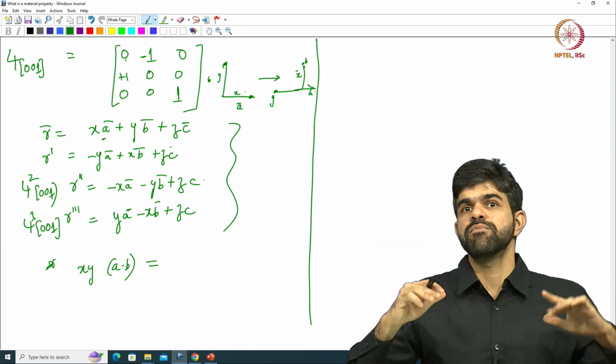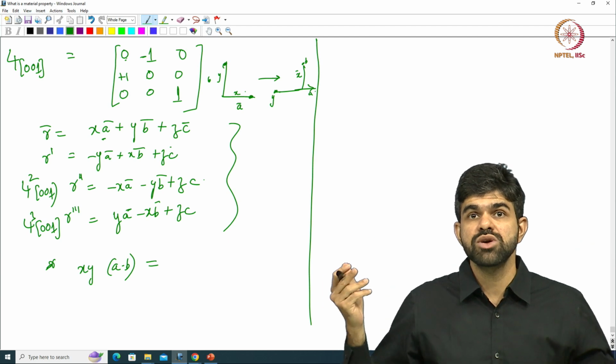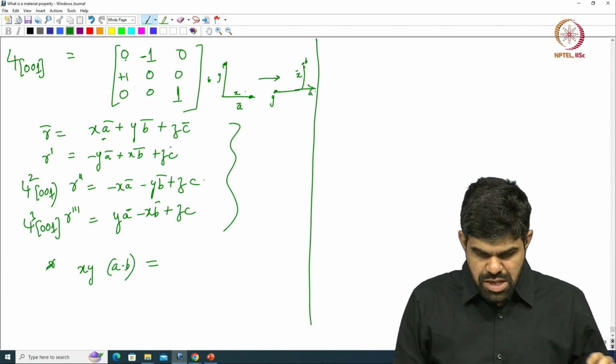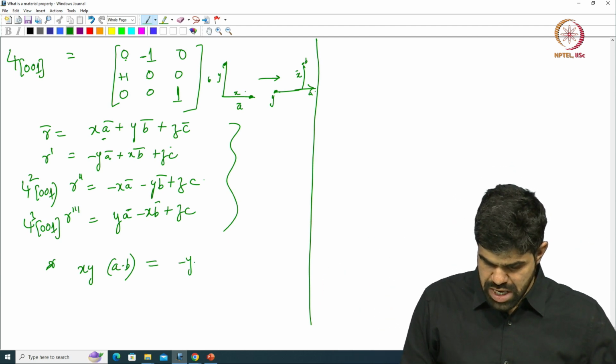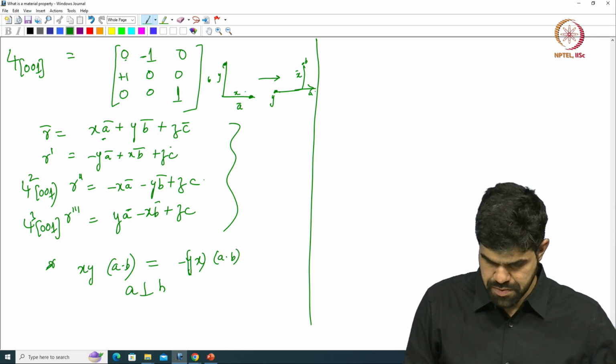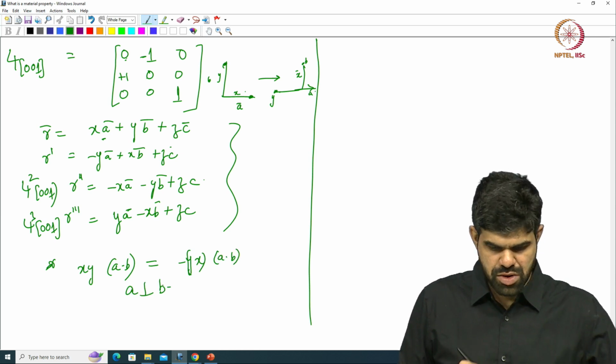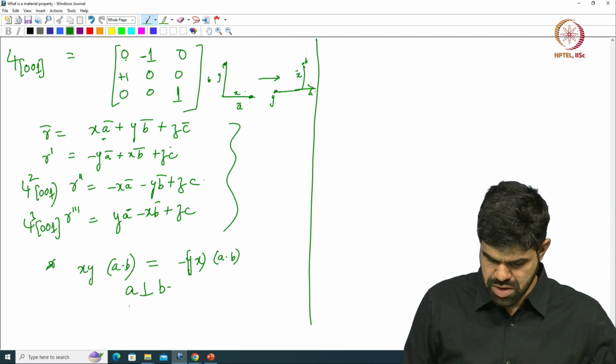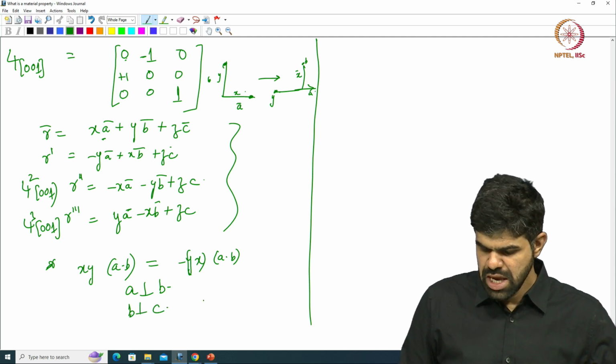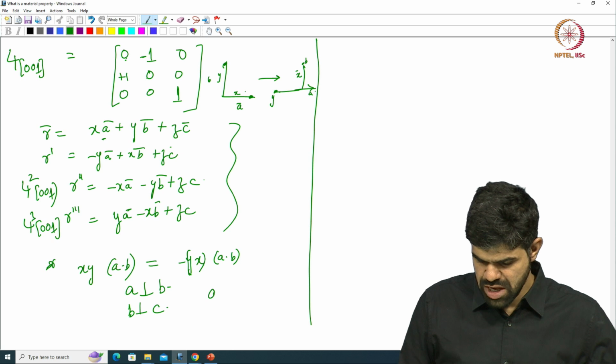So, even if I transform, the dot products between the corresponding components should remain the same, right. So, it should be equal to minus y x a dot b. So, as a result a should be perpendicular to b. Okay. Similarly, using one of these other vectors, you can show that b is perpendicular to c and a is also perpendicular to c. So, what you have is alpha equal to beta equal to gamma equal to 90 degrees.